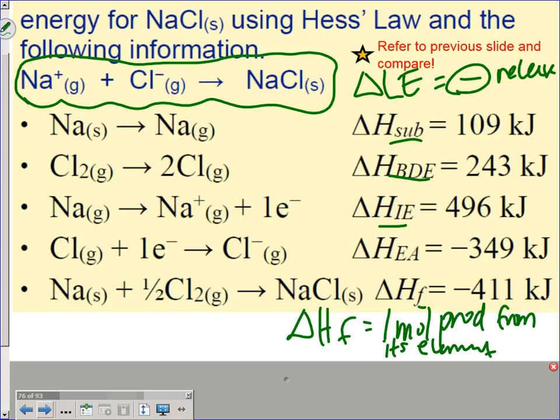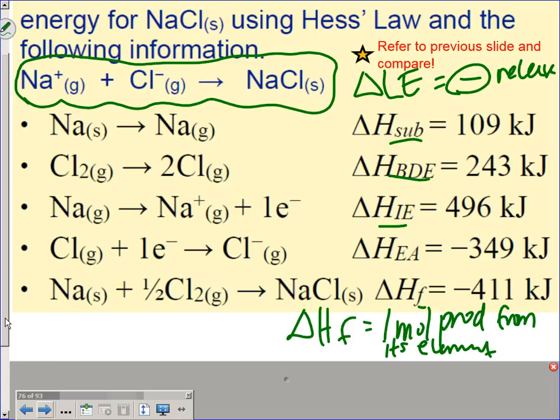So what equation do we want to keep the same way it is? I'm going to start with the bottom one because I see sodium chloride solid and I see it here. I'm writing it exactly the way it is, at the top: sodium solid plus 1/2 chlorine diatomic gas yields sodium chloride solid.